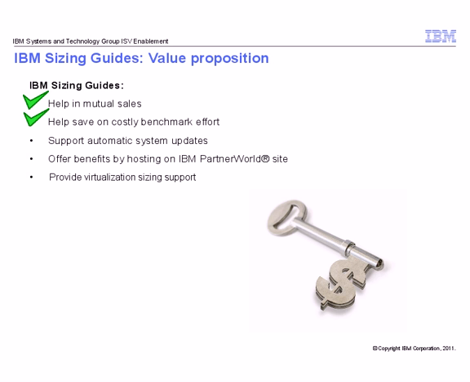IBM Sizing Guides support automatic system updates by recommending current, orderable models with launch support to cover new features introduced for IBM Power Systems and System X servers. By hosting the IBM Sizing Guides on the IBM Partner World site, it's possible for IBM sales, techline, solution, and architecture teams, as well as solution providers, to frequently use the guides.